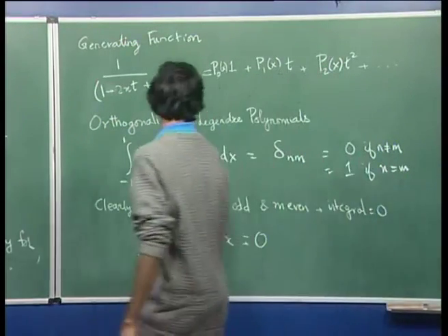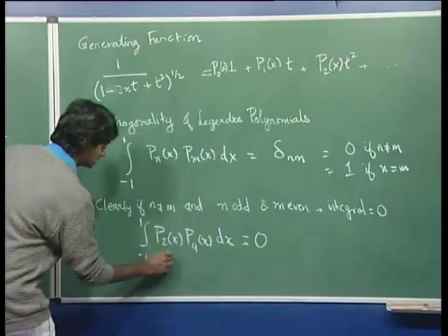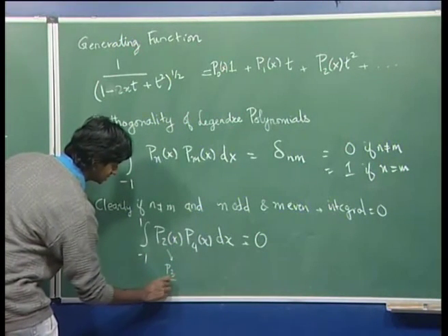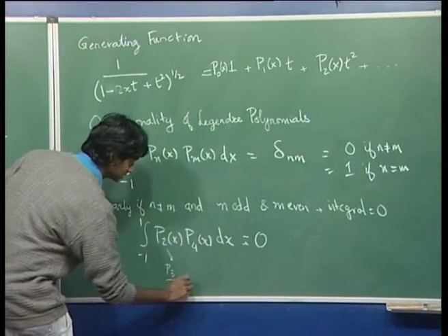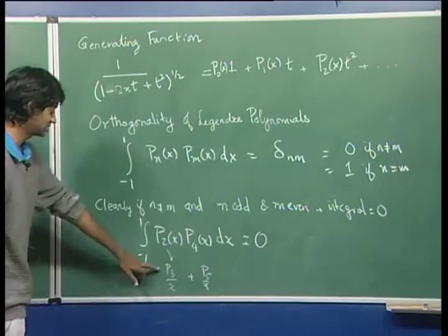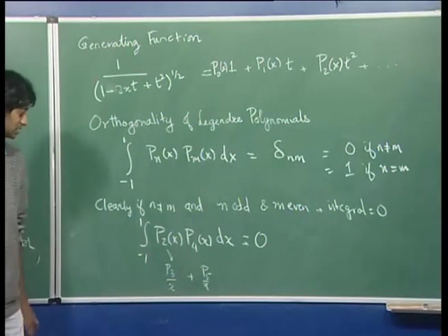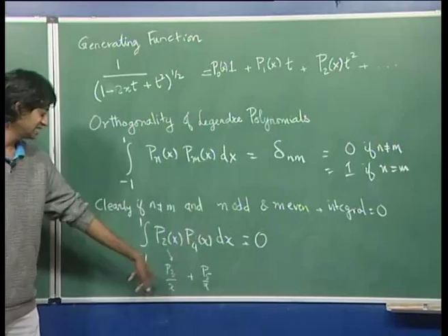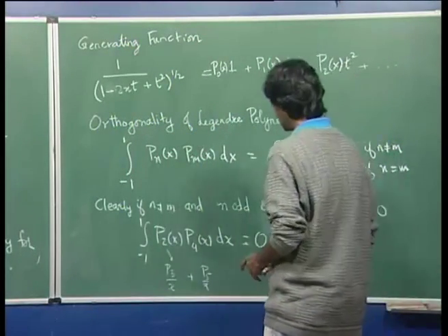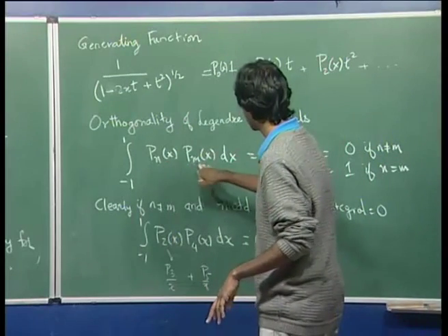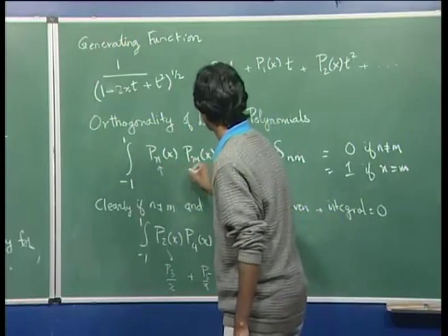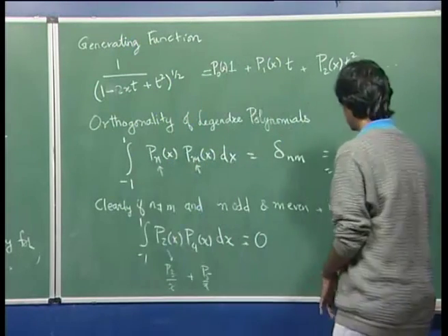In other words, I can write p2 as some constant times p3 by x and p5 by x. And clearly when you do these integrals, they will individually go to 0. So the point is that when you take any two different indices, this integral goes to 0.